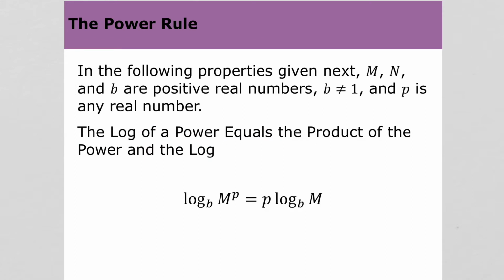The next rule is called the power rule. If you have log base b of m to the p power, you can bring that p out front, which is a very nice thing. That is then equal to p times log base b of m.